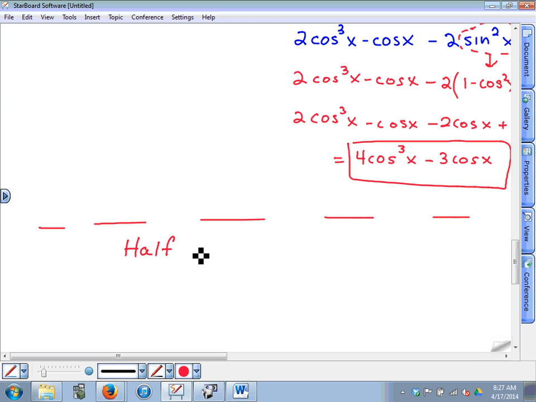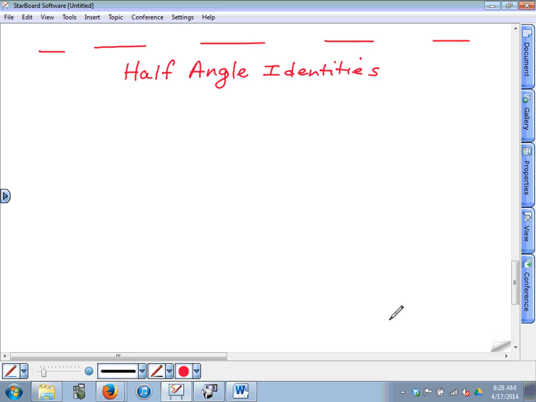Half angle identities. The derivation of these identities is not so simple, so I'm going to not show you them.